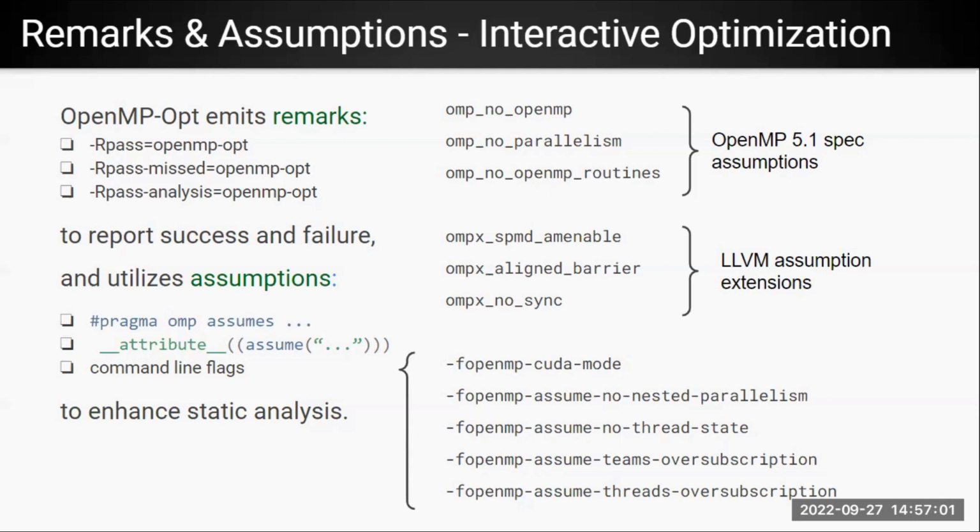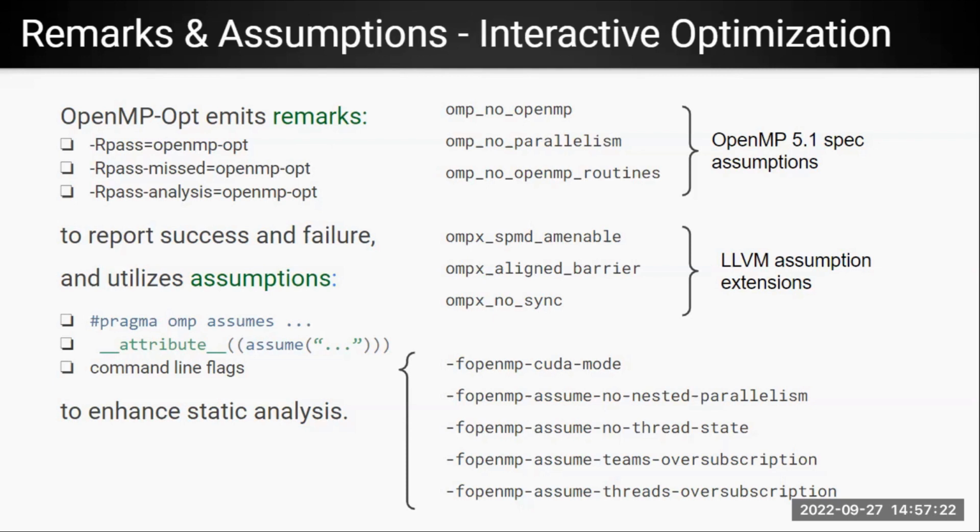No nested parallelism is, pinky swear, I will not nest parallel regions. Sometimes we fail to determine if that nesting may or may not happen. And if we have to account for it potentially happening, we have to generate extra code. Extra code is costly.